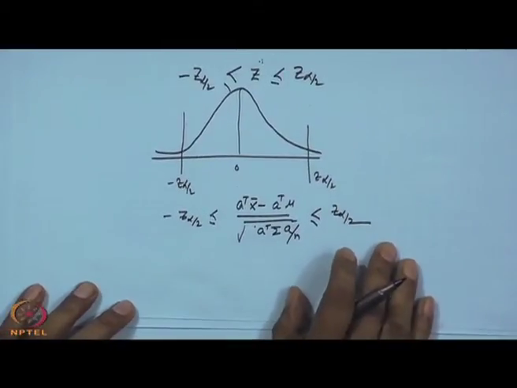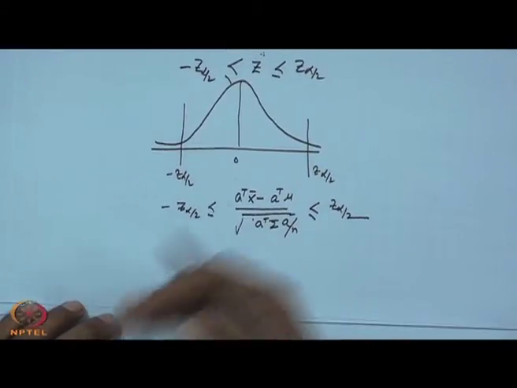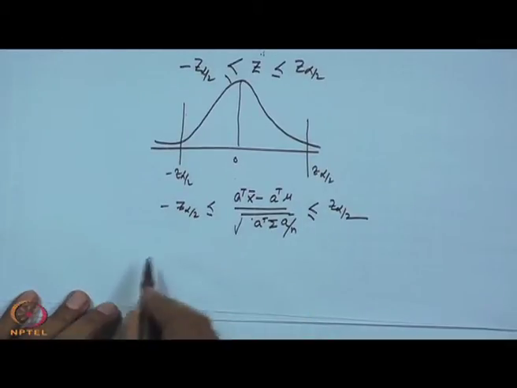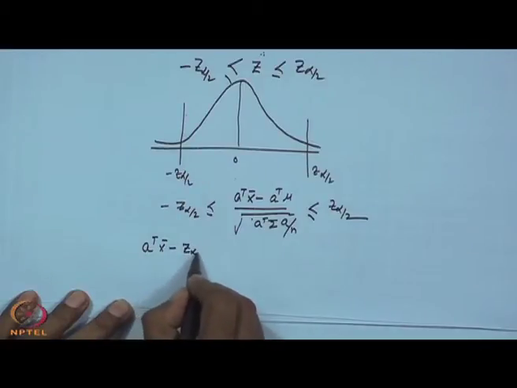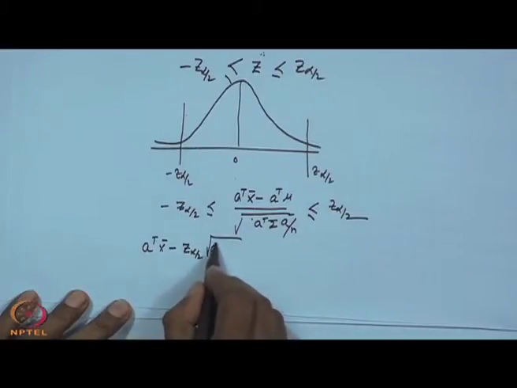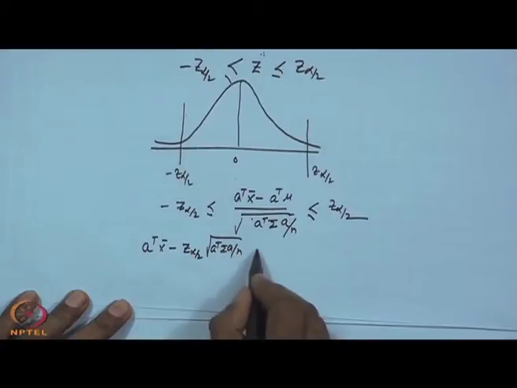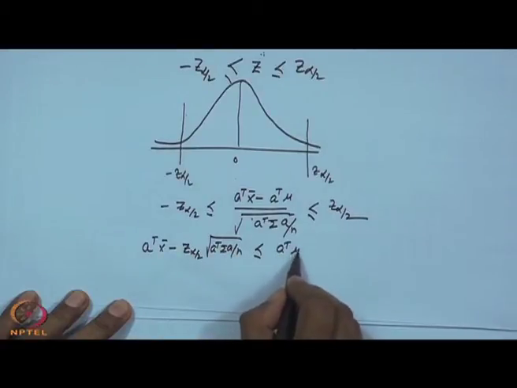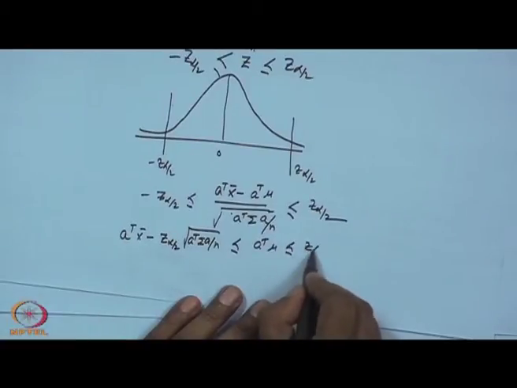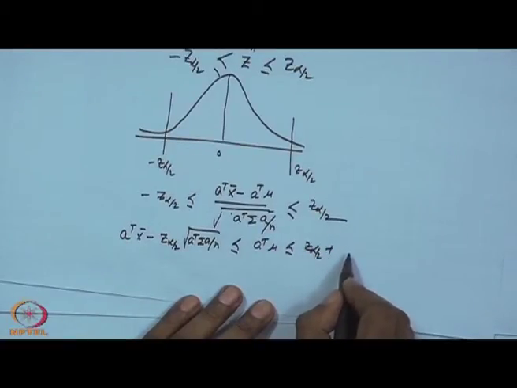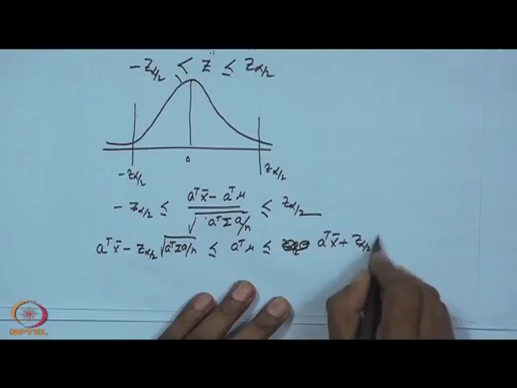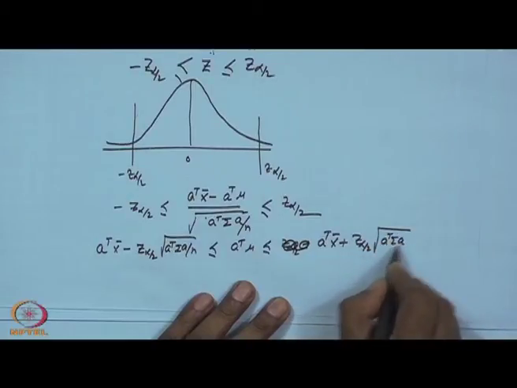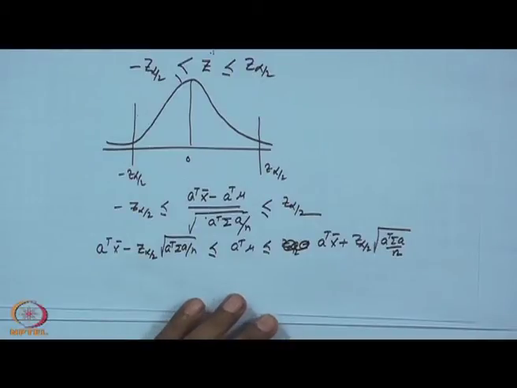If you do further mathematical manipulation, what you will get is A transpose x bar minus z alpha by 2 square root of A transpose sigma A by n, less than or equal to A transpose mu, less than or equal to A transpose x bar plus z alpha by 2 square root of A transpose sigma A by n.